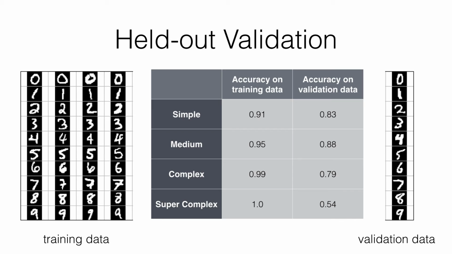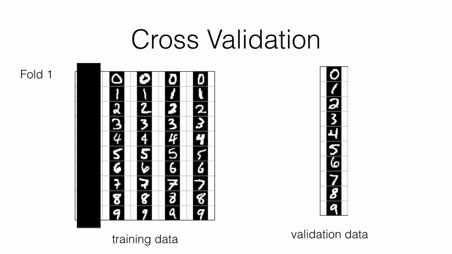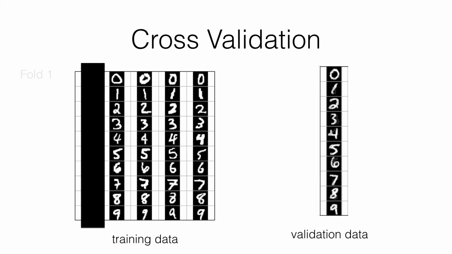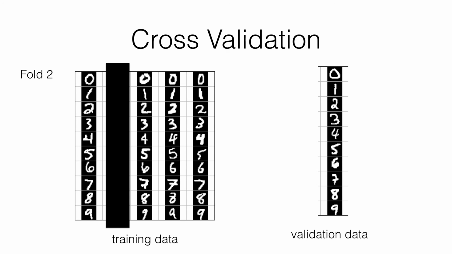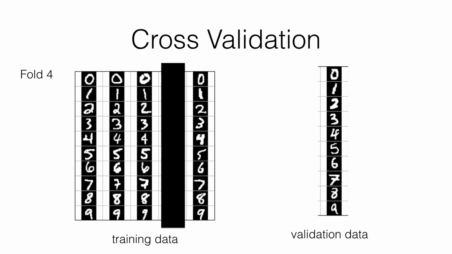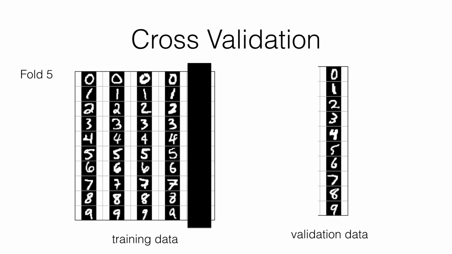So instead, we can repeat this process over and over again with different folds, as they're known. So we'll hold out the first 10 digits, and then train on the rest of them, and then we'll hold out the second, and then we'll train on the rest, hold out the third, and train on the rest, etc., etc. And this way, at some point we will be using every data point as a validation example.